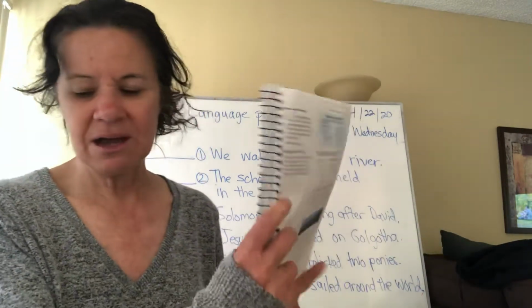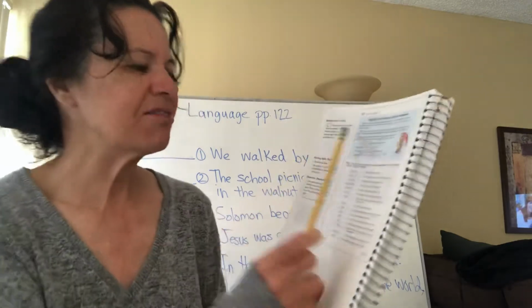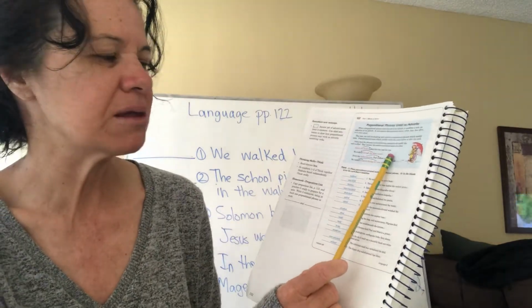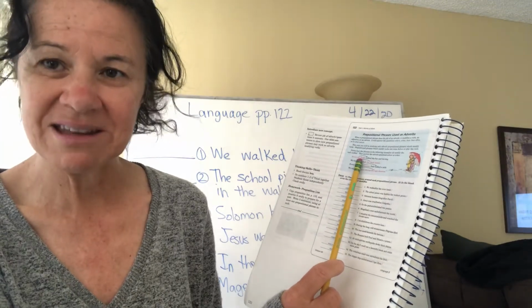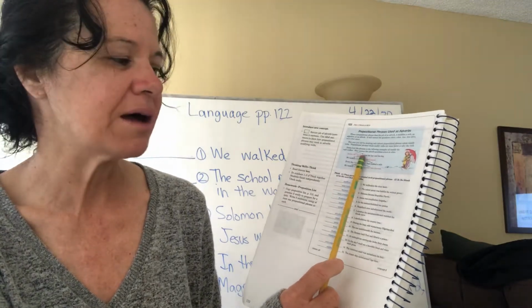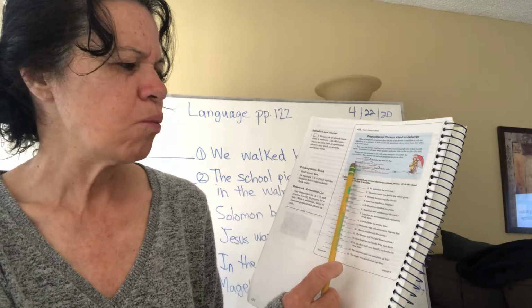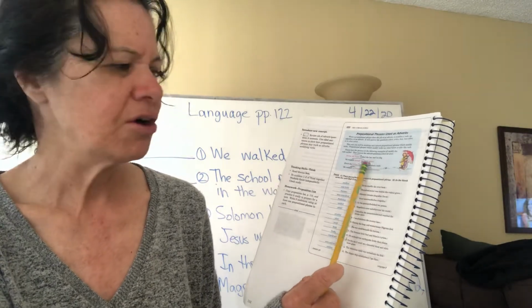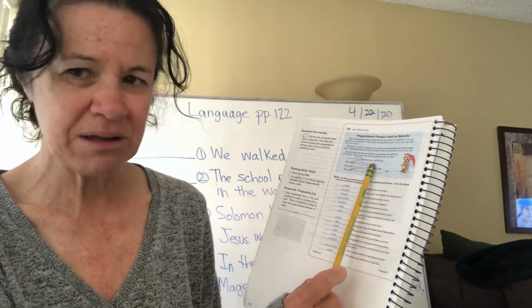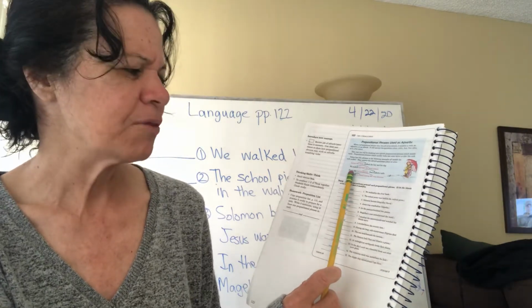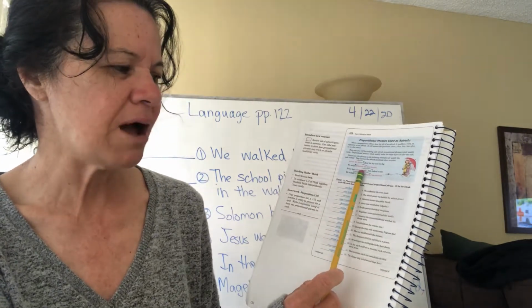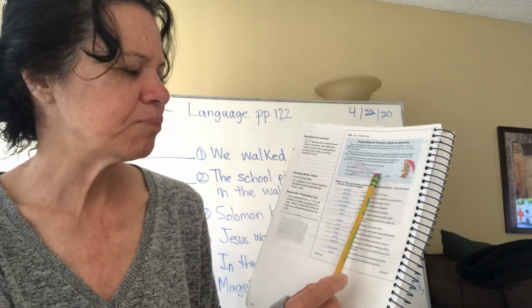So you could see here, across the fields walked the boy and his dog. Your prepositional phrase is across the fields. It's giving us details about the verb walk. So it's an adverb. We walked through the dark tunnel. Through the dark tunnel is a prepositional phrase giving us details about the verb walked. Every day before sunrise, Dad walked a mile.